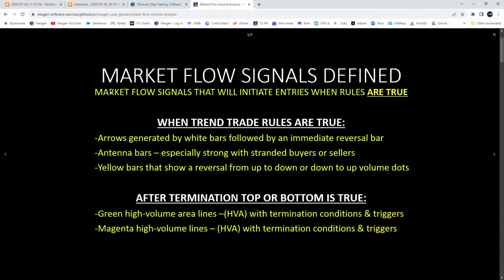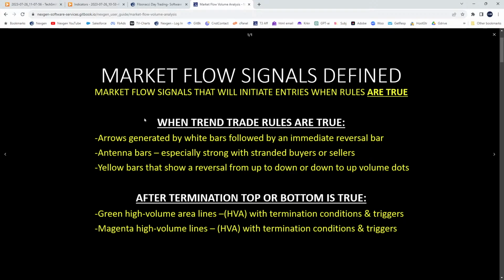Look at what it says. Market flow signals that initiate entries are when your rules are true for a trend trade. Arrows generated by white bars follow an immediate reversal bar, an antenna bar, a yellow bar.